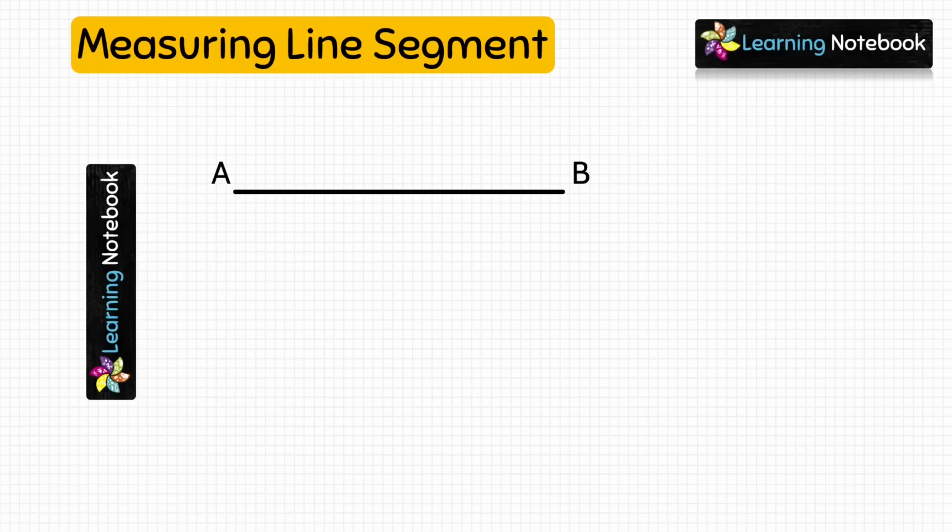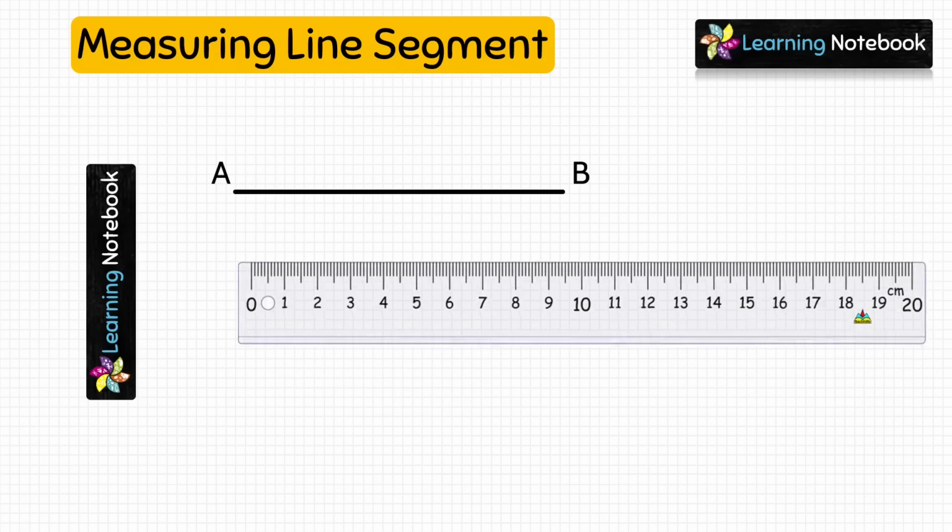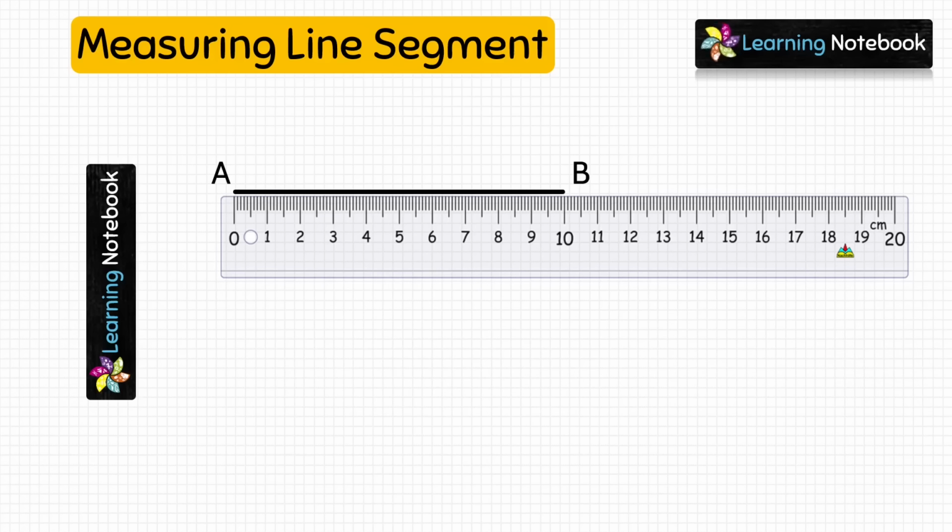For this, let's take a scale and place it along the line AB such that 0 is at point A. Now, see where is point B. The reading of the scale of point B is 10.